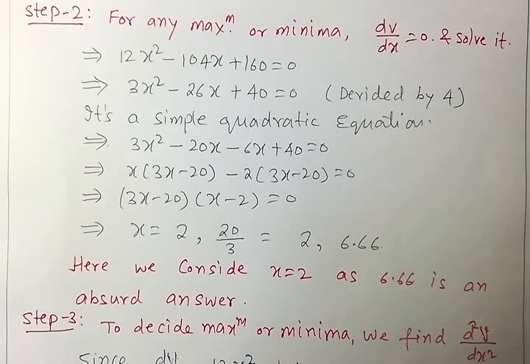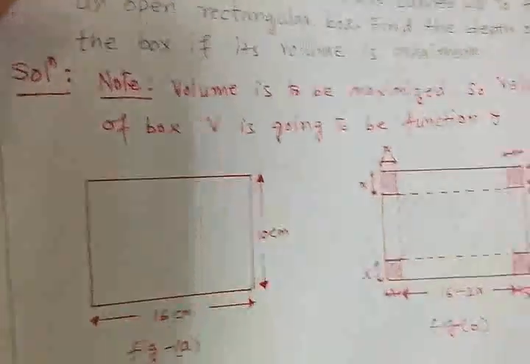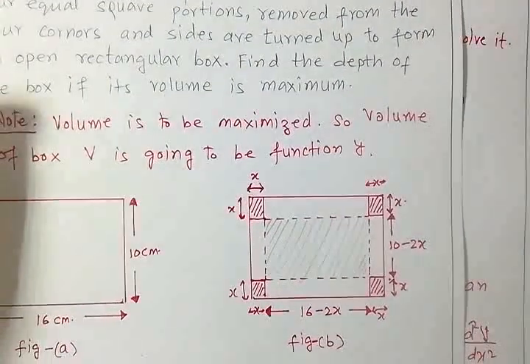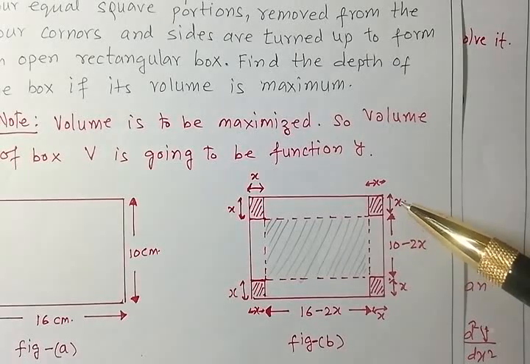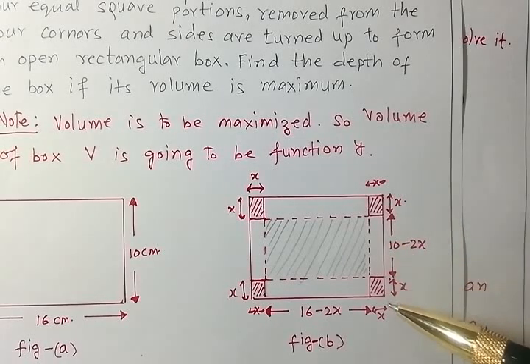Why? The reason is 20 by 3 is 6.66. If x is equal to 6.66, let me insert another sheet and show you the figure here again. Just focus here. x is equal to 6.66. This x is also 6.66.